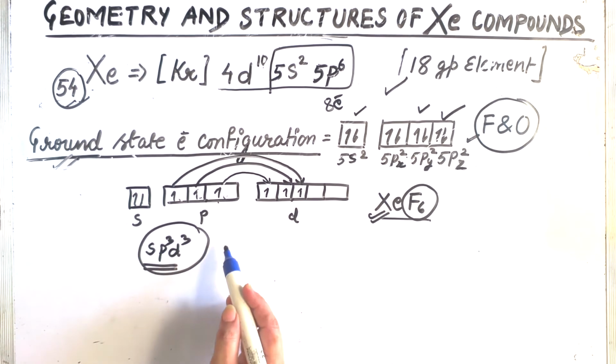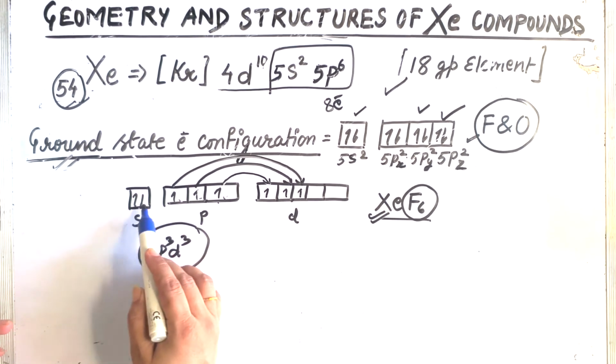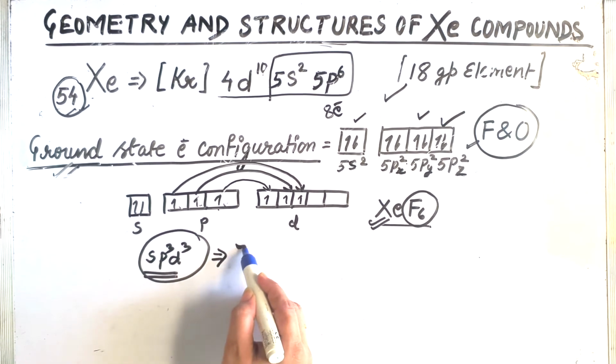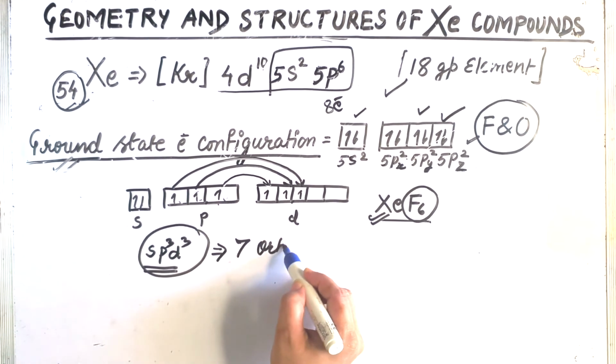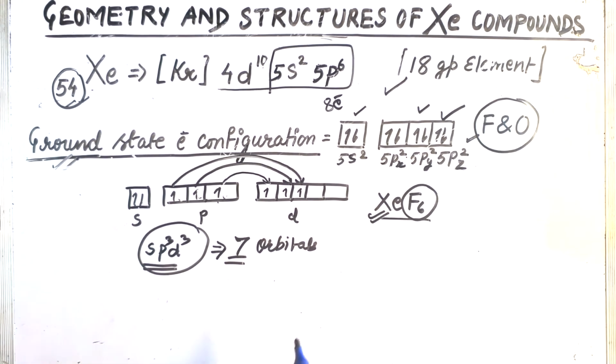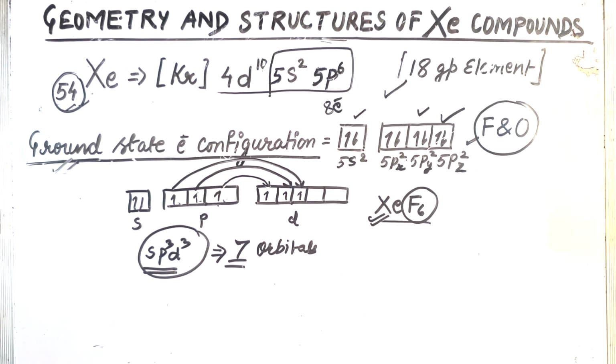And because we are using 1 plus 3 plus 3 orbitals, that is we are using 7 orbitals, these 7 hybrid orbitals are now again going to arrange themselves so that they can feel least repulsion.